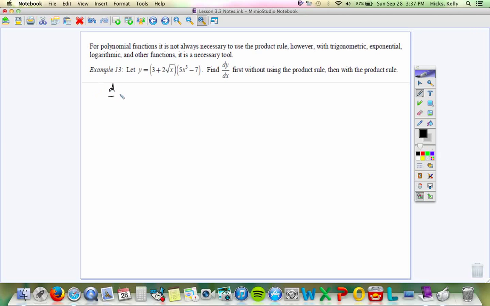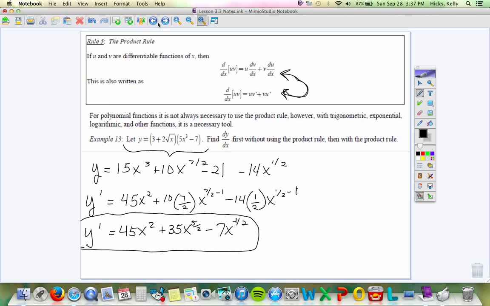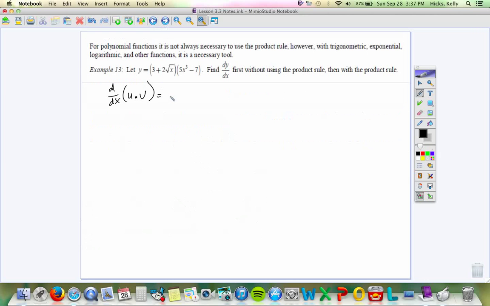And remember, the product rule said the derivative with respect to x of u times v is equal to u, the first function, times the derivative of the second function, plus the second function times the derivative of the first function.